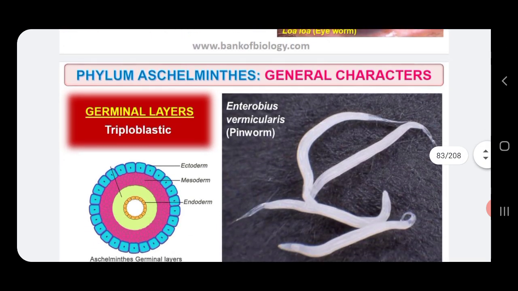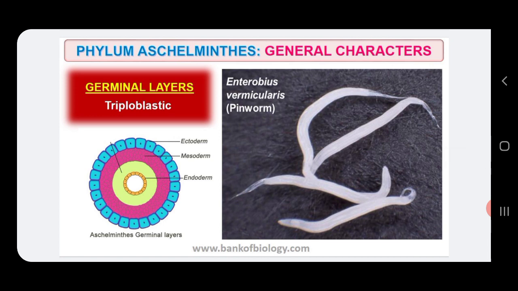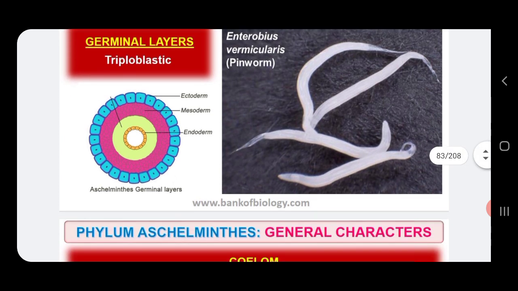Then, regarding the germ layers, they are made up of three germ layers, that is triploblastic: the outer ectoderm, middle mesoderm, and inner endoderm.